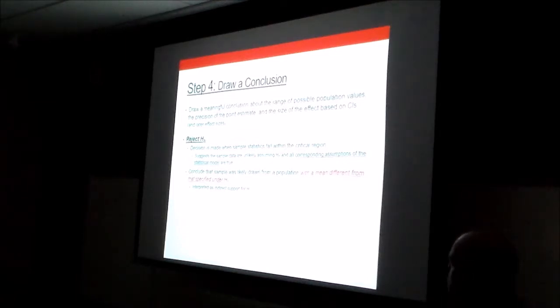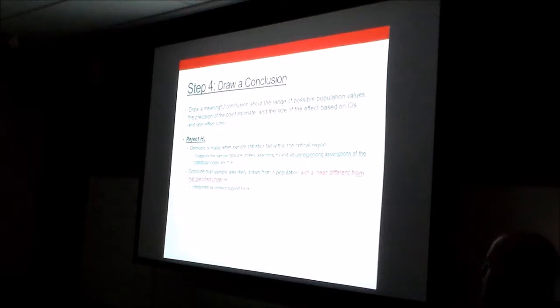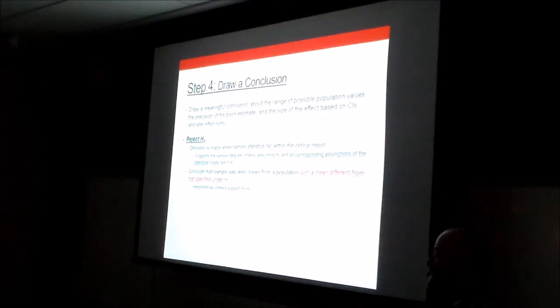And what we would do is conclude, based on the rejection of the null hypothesis, that the sample was likely drawn from a population with a mean different than the one specified under the null, right? And we interpret this as indirect support for the alternate hypothesis. So in our first scenario, we're assuming that the sample of 25 older adults taking herbal supplements was drawn from a population having a mean that's different than what we specified under the null hypothesis, right?